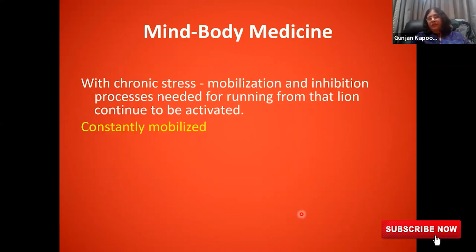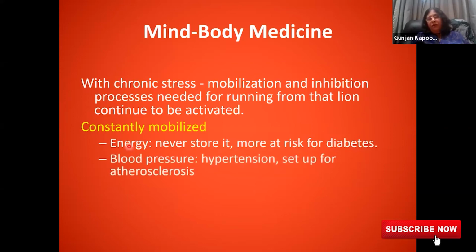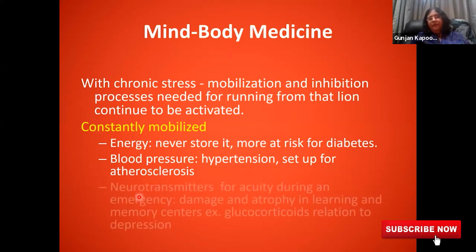And once this stress response is activated for a long time, you keep synthesizing sugar, supposedly for your muscles to run, and you get diabetes. Similarly, your blood pressure is constantly raised, and what you get is hypertension. And sustained hypertension and diabetes is the right platform to create coronary artery disease.